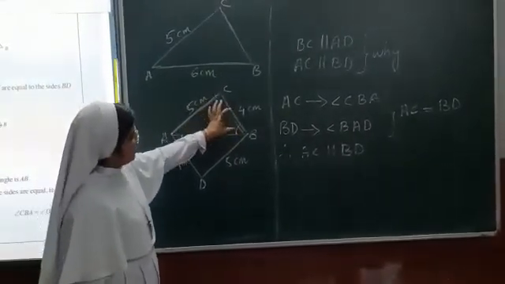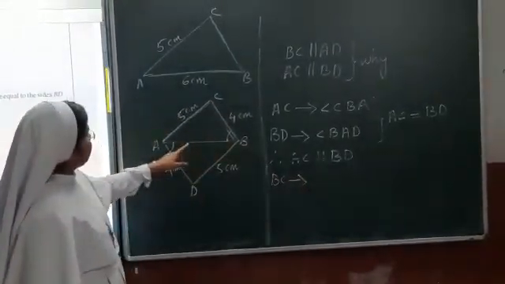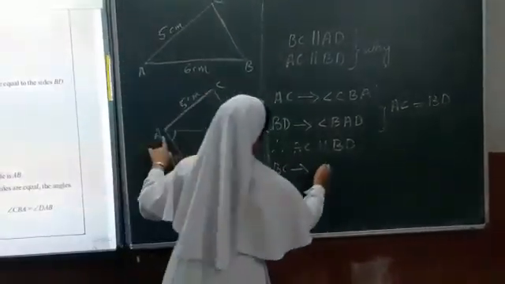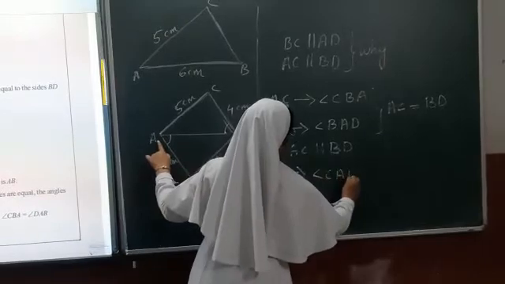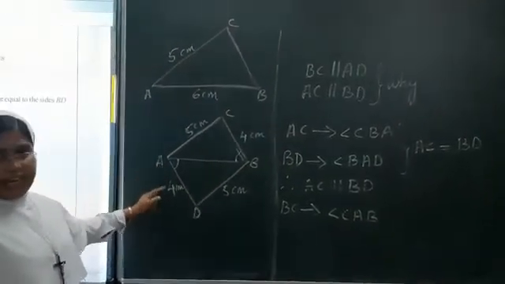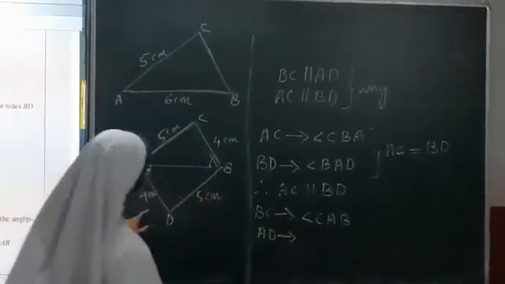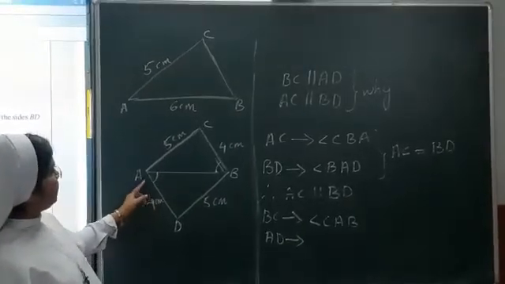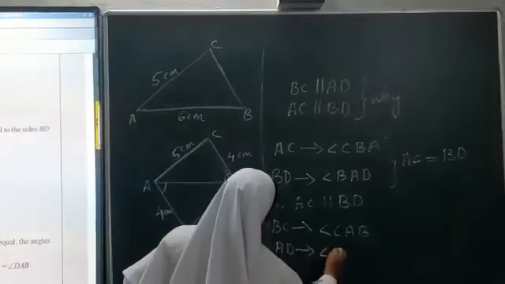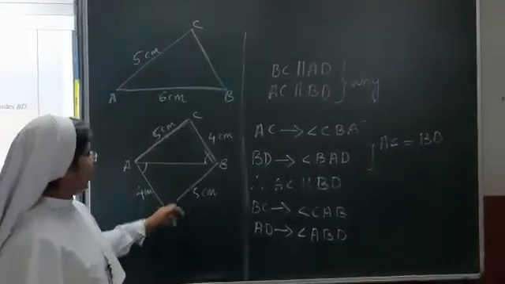Now next, let us consider the side BC. When we take the side BC, the opposite angle is angle CAB. And now let us see the side AD, which has the opposite angle, angle ABD.